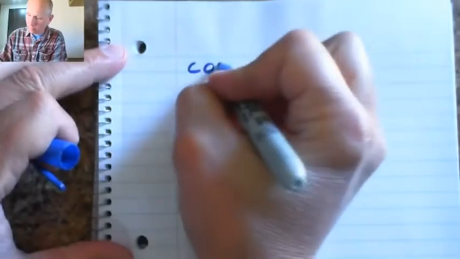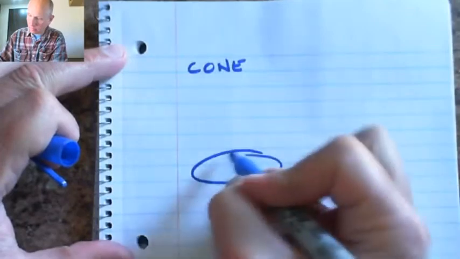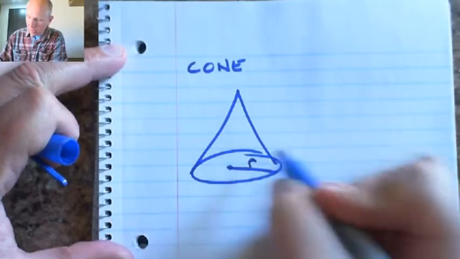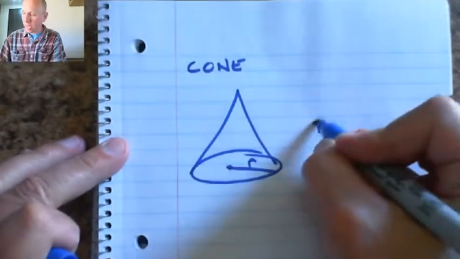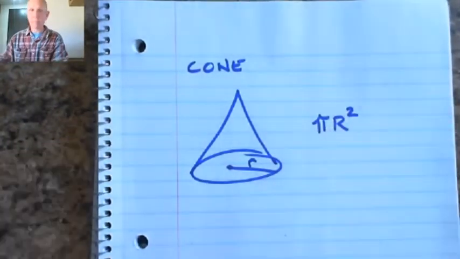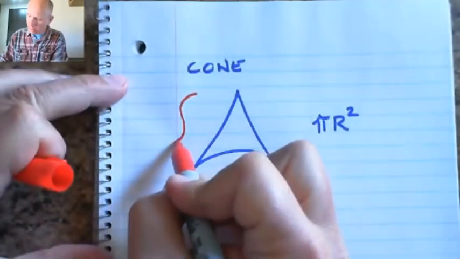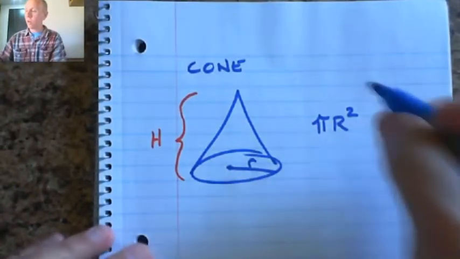Well, a cone, once again, starts with a circle with a radius of r. So I have pi r squared. It pops up with a height. So pi r squared h.